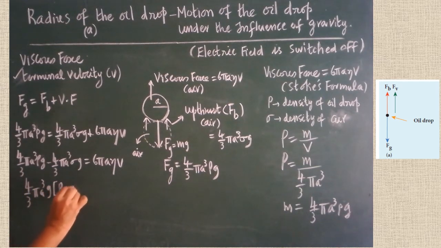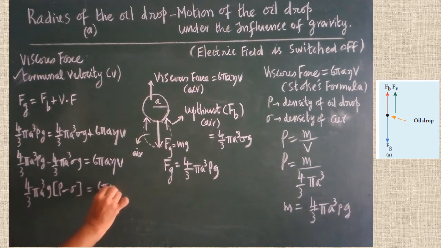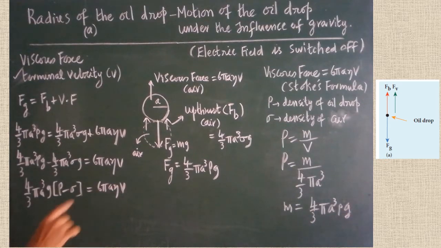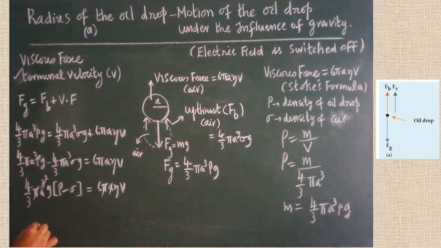Rho minus sigma can be written within the bracket. 6 pi a eta v can be written on the other side. Now we can cancel a cube and it becomes a square. One a can be cancelled. Pi can be cancelled. Keep a square on one side.